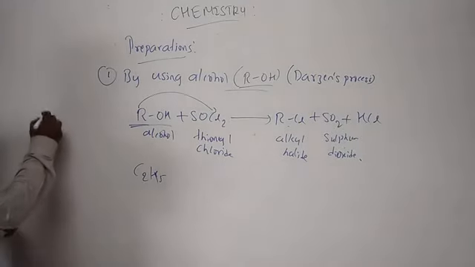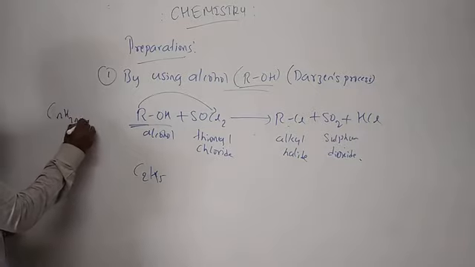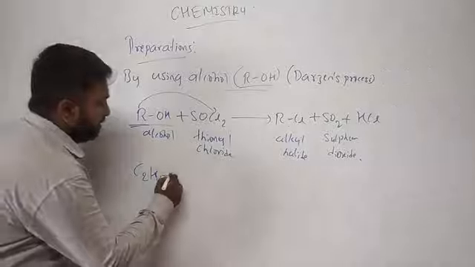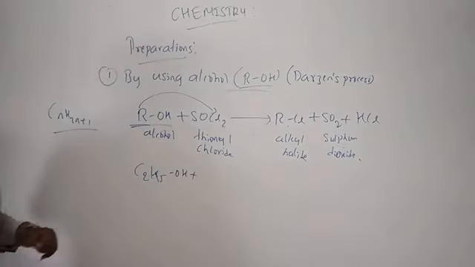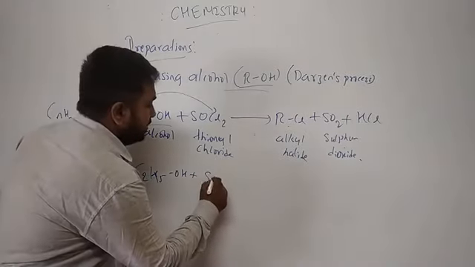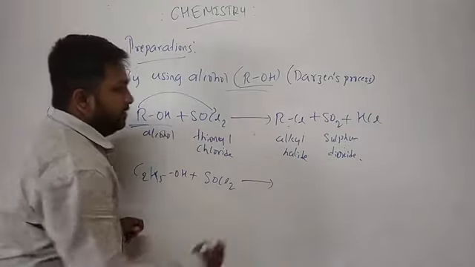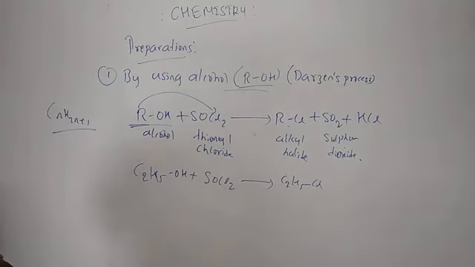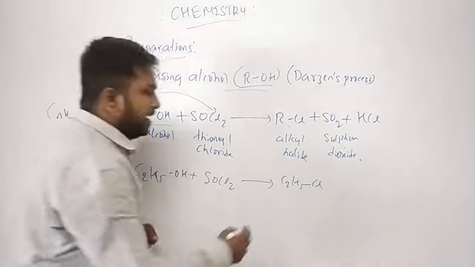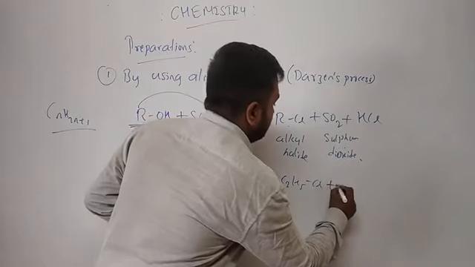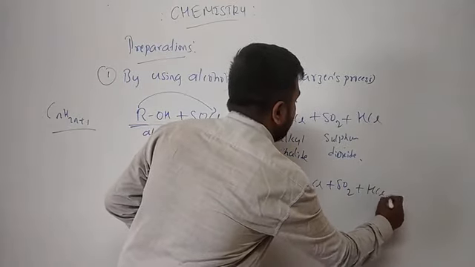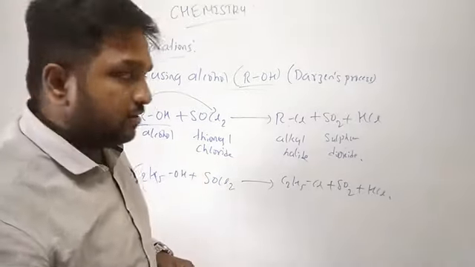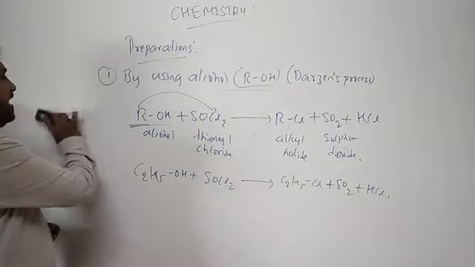Okay, alkyl group means CnH2n+1 group. We are giving C2H5OH, that is ethanol. When it is treated with thionyl chloride, it forms C2H5Cl, chloroethane or ethyl chloride, with the liberation of sulfur dioxide and HCl. Okay, so this process of preparing alkyl halide we call Darzens process.